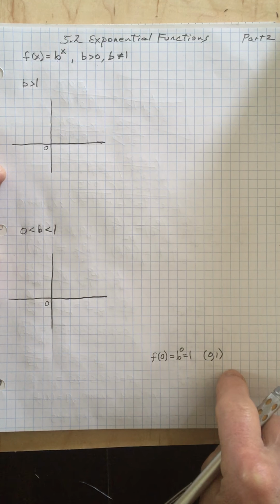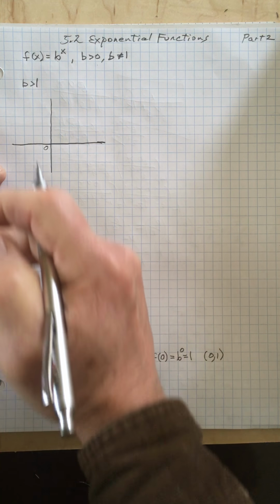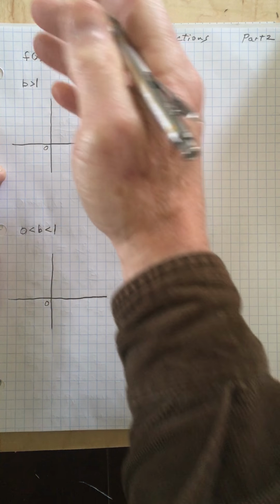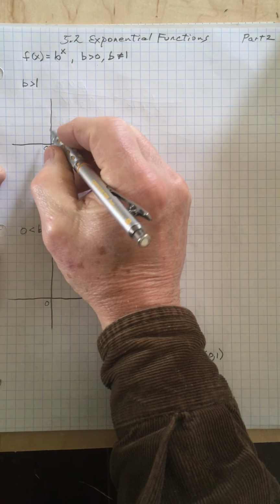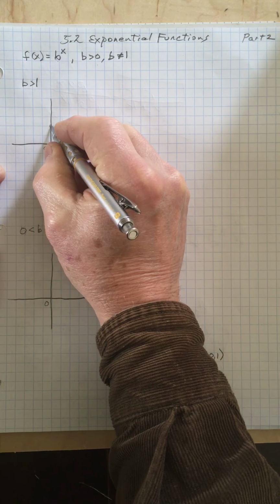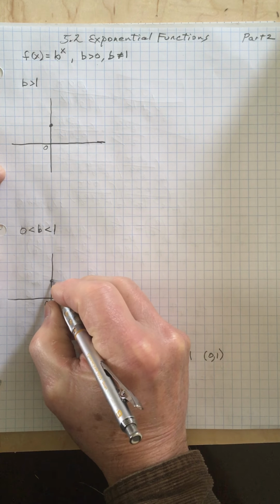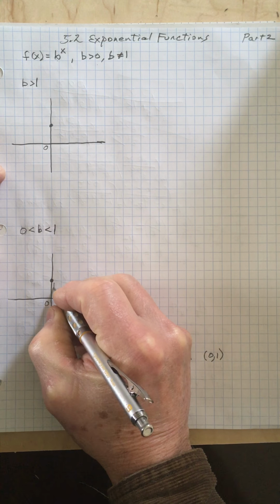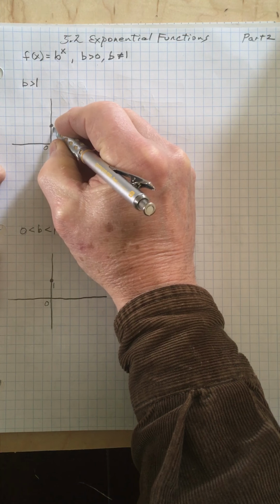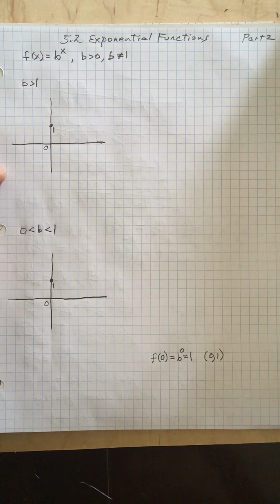Again, that's a y-intercept. Whenever x equals 0, where are we on the y-axis? Regardless of the situation, we're going to be at 1. Let me go 2 squares for each unit. So that would be the value 1.